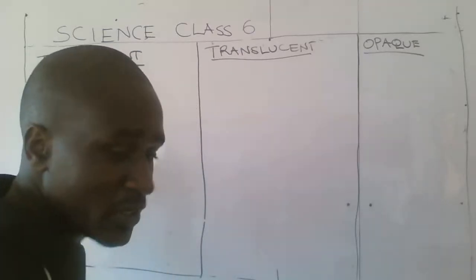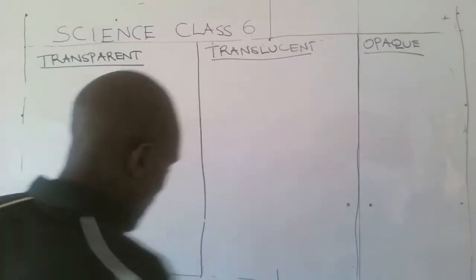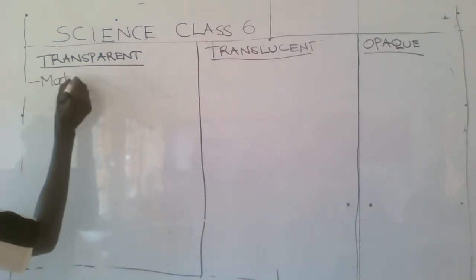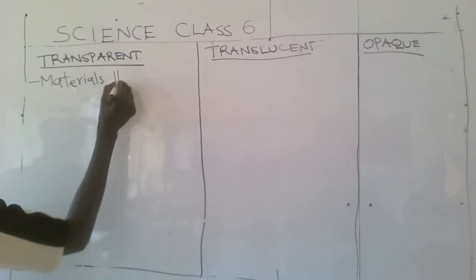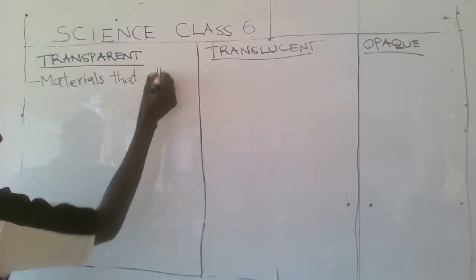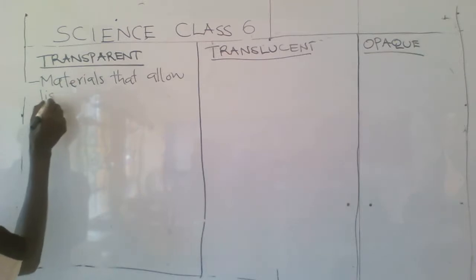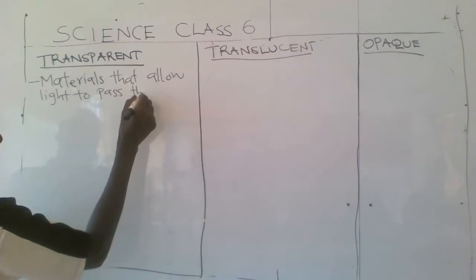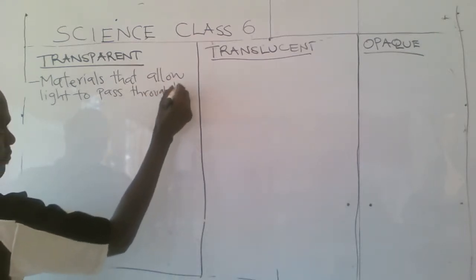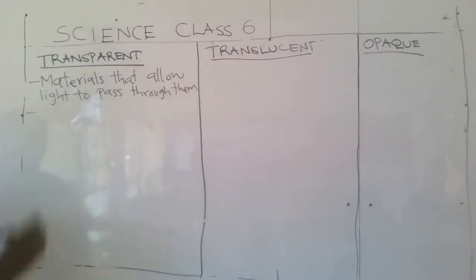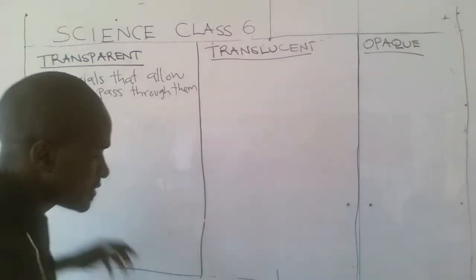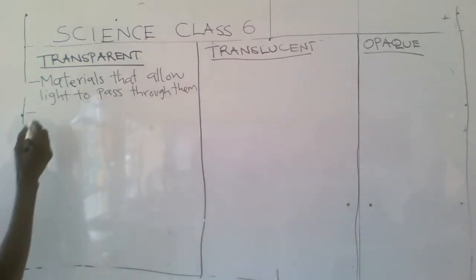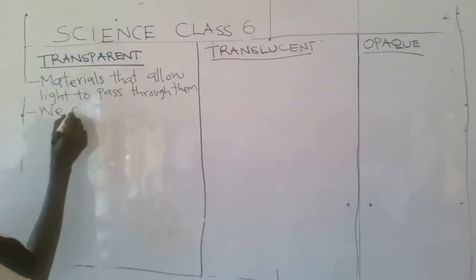Transparent materials are materials that allow light to pass through them. And as they allow light to pass through them, we can see clearly through them.